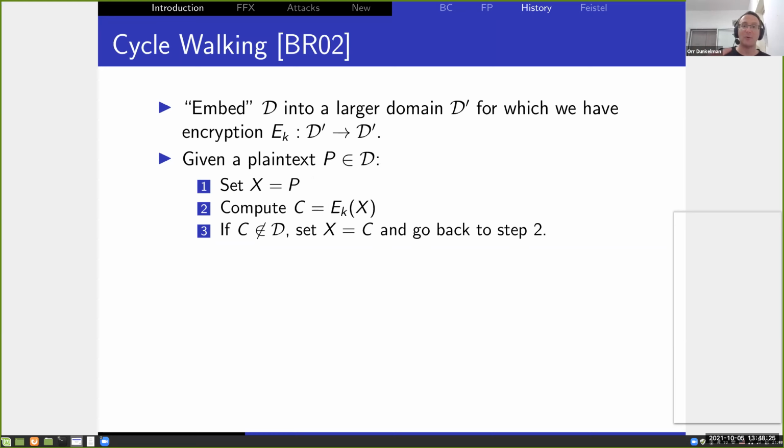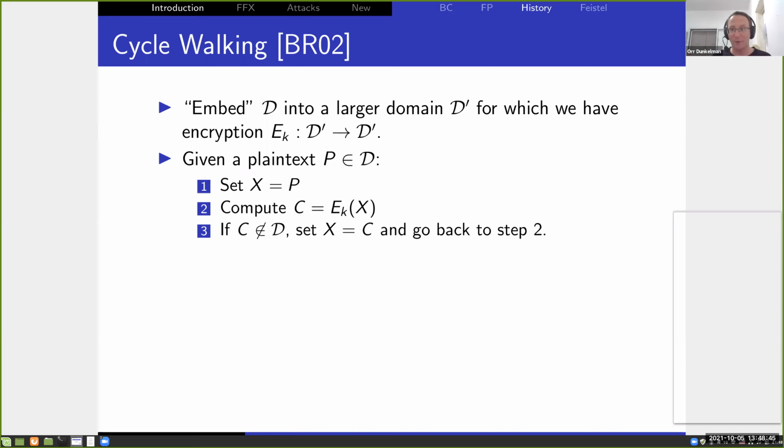If the ratio between D prime and D is very close to 1, then usually we're going to do 1 encryption, and then immediately we're going to get something which is good. Otherwise, if the ratio is very high, like in the example I gave you, you will need to do 2 to the 32 steps until you encrypt 1 value to another value.